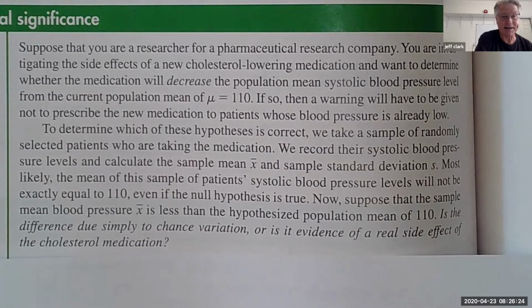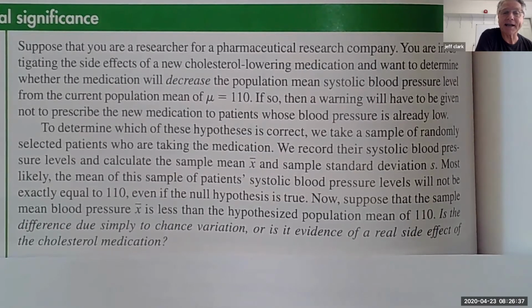So as you can see in this one, I'll just read through it for you, we're going to suppose that you personally, or me, are a researcher for a pharmaceutical research company, and you're investigating the side effects of a new cholesterol lowering medication, and you want to determine whether the medication will in fact decrease the average systolic blood pressure level from the current population average of 110.